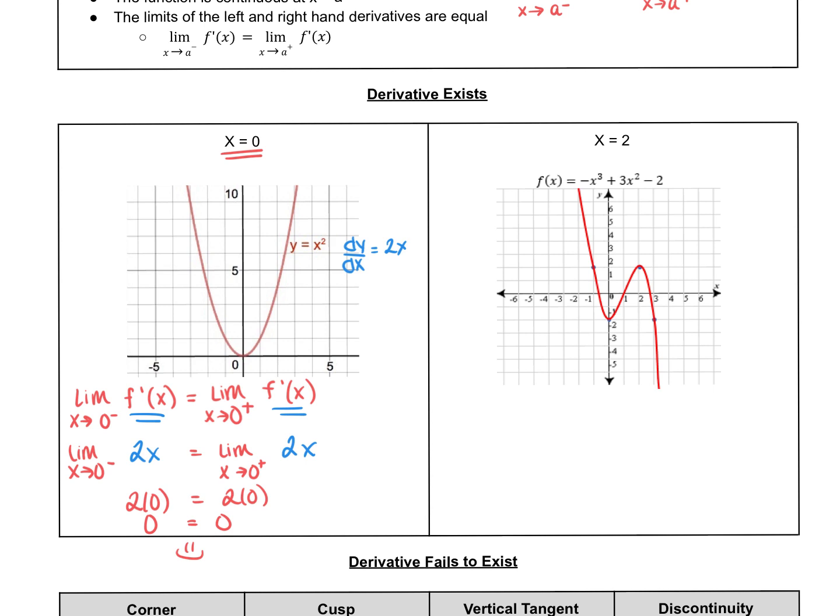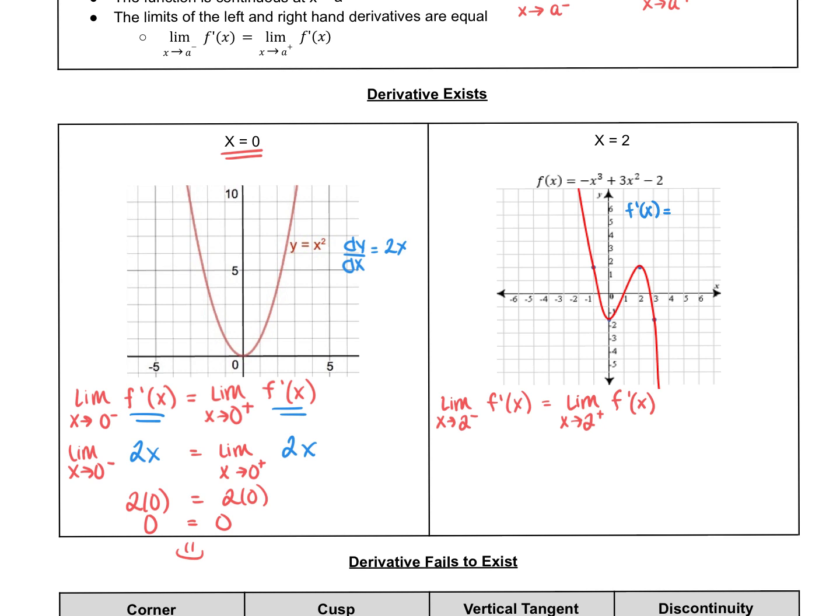Okay, same thing will work with this polynomial function here. That's a cubic function, and at x equals 2 this time I care about. So we want to take the limit as x approaches 2 from the left of the derivative, and we want to see if that's equal to the limit as x approaches 2 from the right of the derivative. So if this is f of x, my f prime of x can be found by using the power rule.